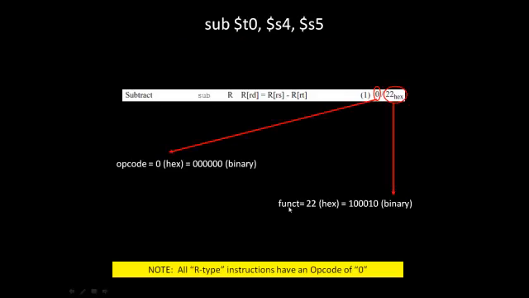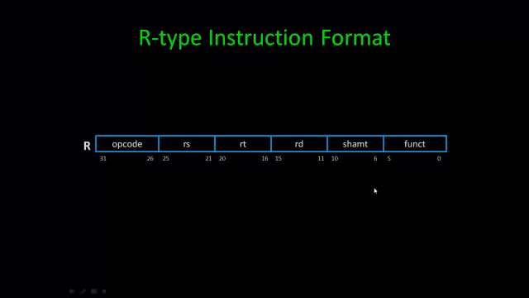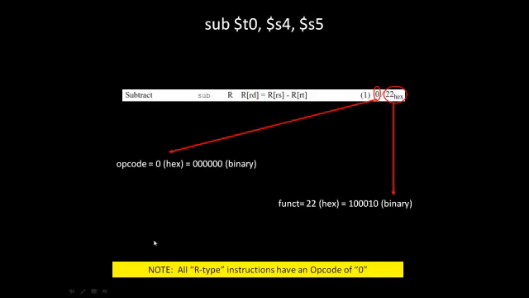Similarly, the function field is 22 hex, which corresponds to this 6-bit binary number. Again, this had to be 6 bits wide because the function field requires 6 bits. And a side note, all R-type instructions have an opcode of 0. Thus, whether you're working with subtract, add, etc., any R-type instruction, you know just off the top of your head that the opcode will be 6 zeros.